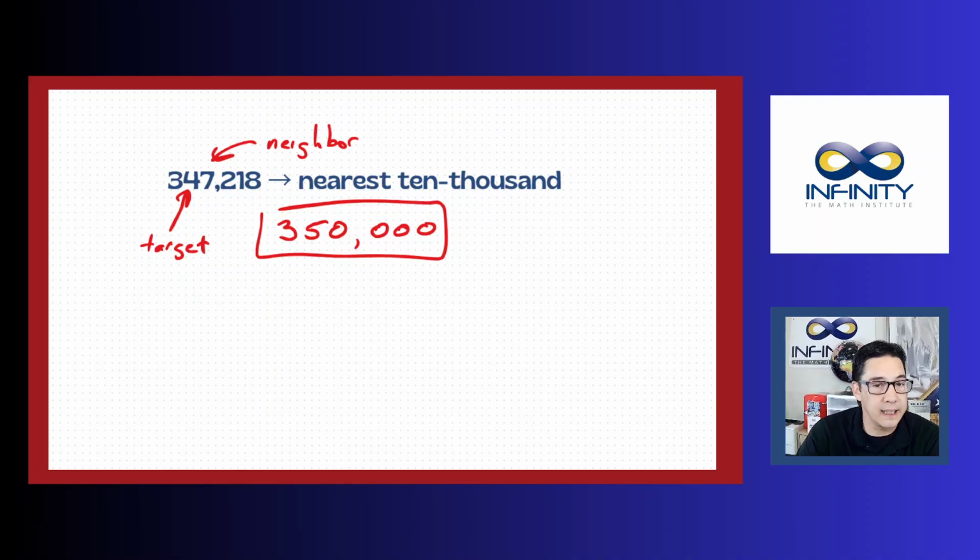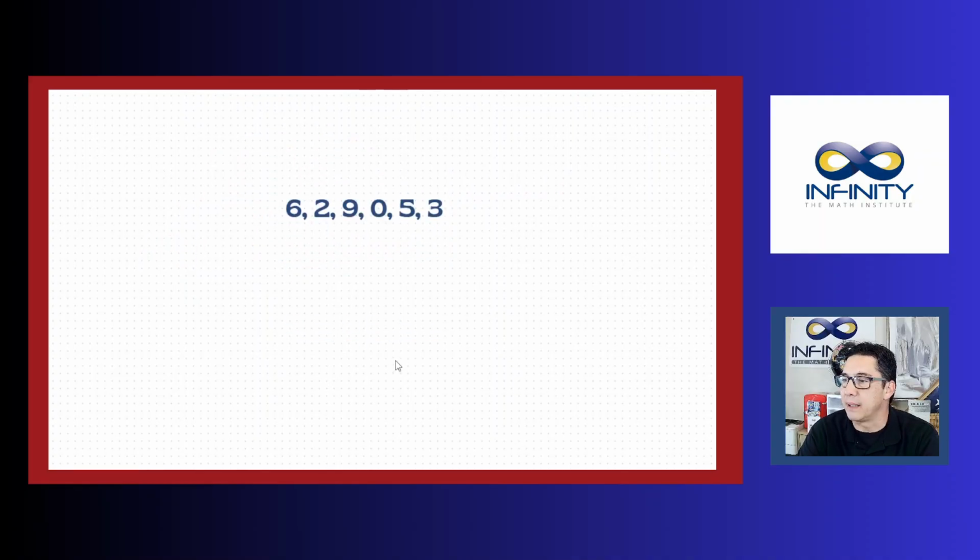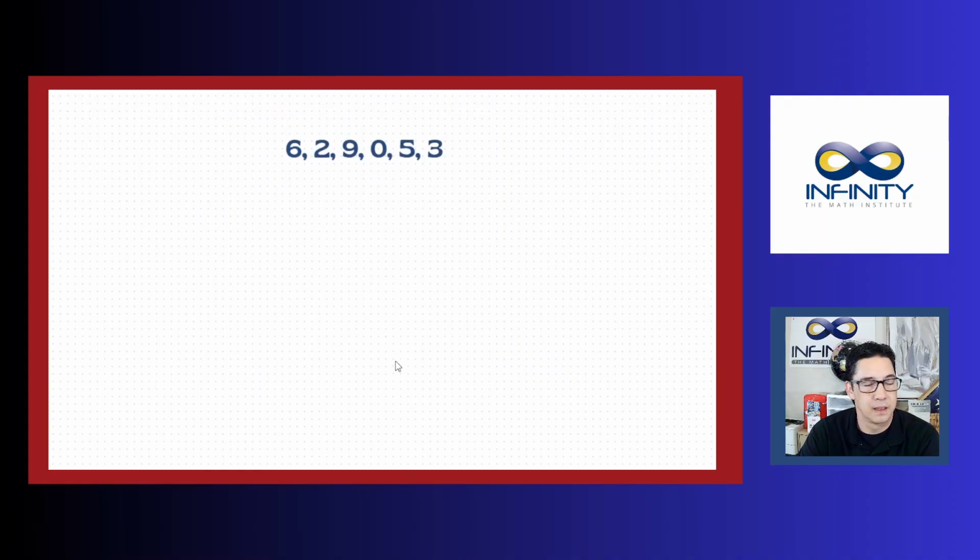Sometimes on your standardized tests and stuff like that, they're going to give you a bunch of digits. And they're going to ask you how to make the greatest number and the least number. So, if you're given this collection of digits, how can you arrange them to give you the largest or greatest 6-digit number?